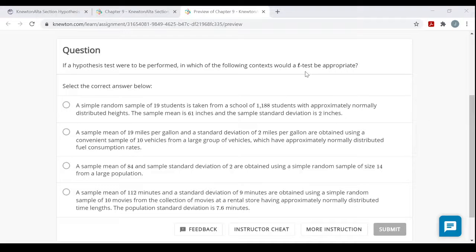First off, I'll read through them and explain what's good about them, what's bad about them, if anything, if we're trying to perform this t-test. So number 1, a simple random sample, which is what you want. I'll start writing out conditions for a t-test on a piece of paper.